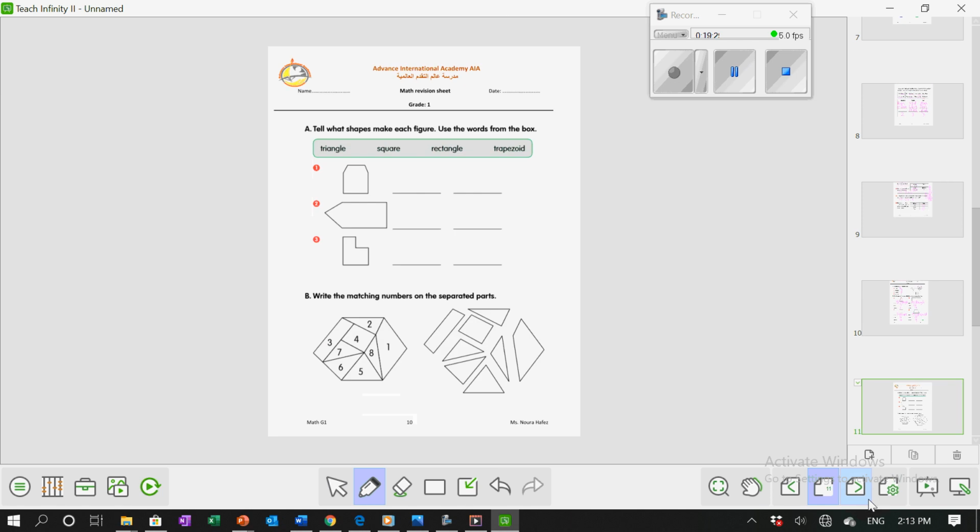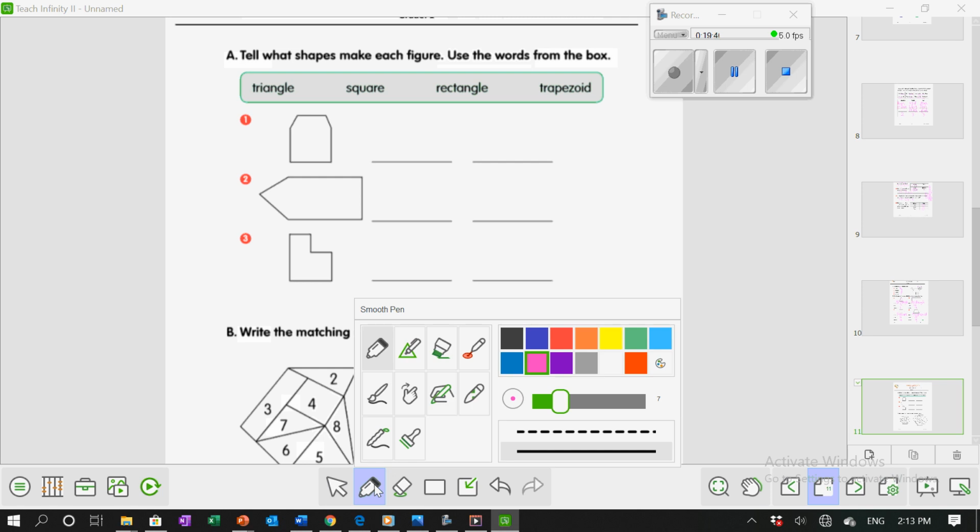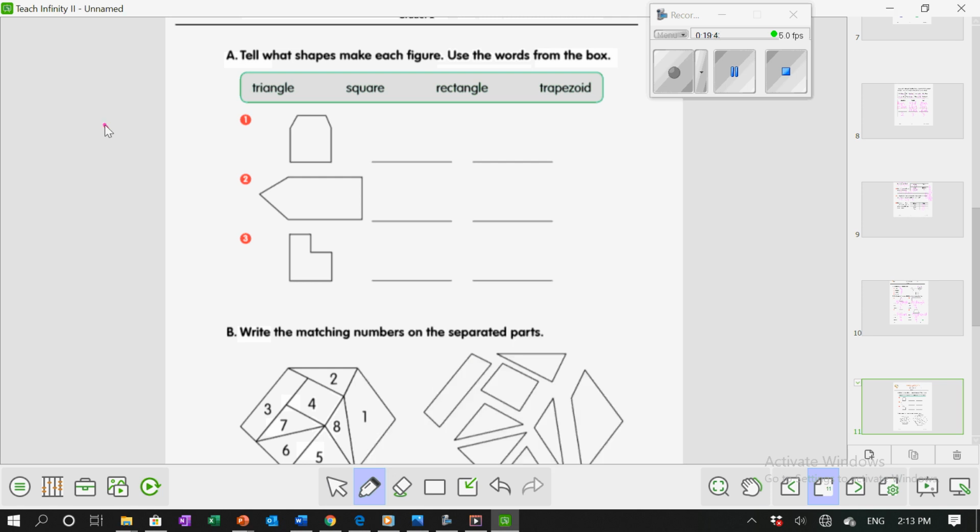Let's go next. Yes, here we have the composite shape. Let's make it color. Okay. Here it is. They are two 2D shapes. They make a composite shape.